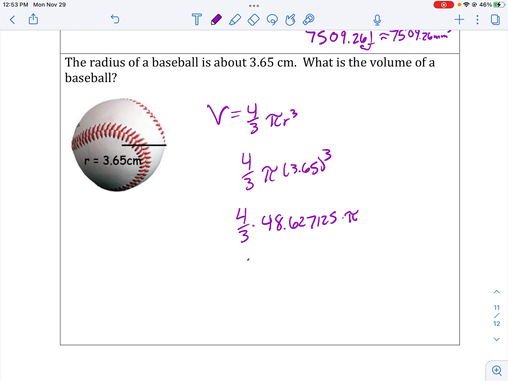Multiply that by 4/3. Here it is in terms of pi. So I can take this number, multiply it by pi, and I would get 203, let's go to the nearest tenth, 6/8, which gives me 203.7 cubic centimeters.